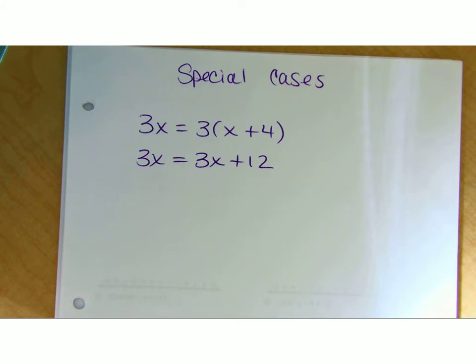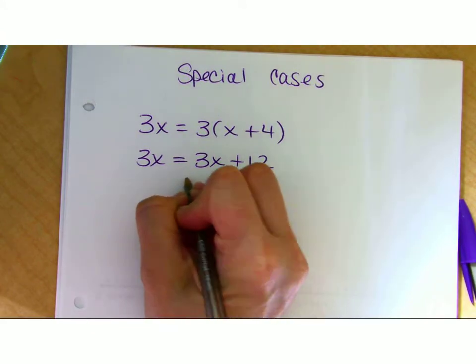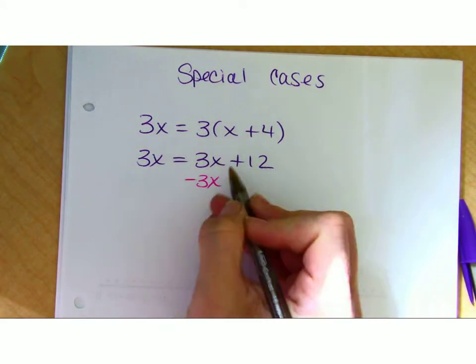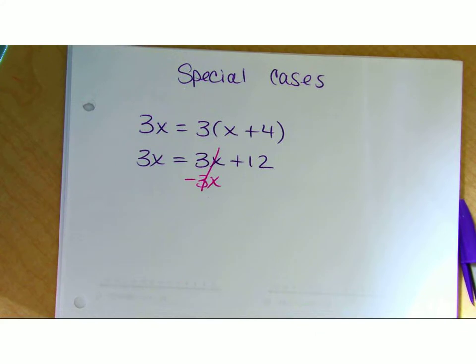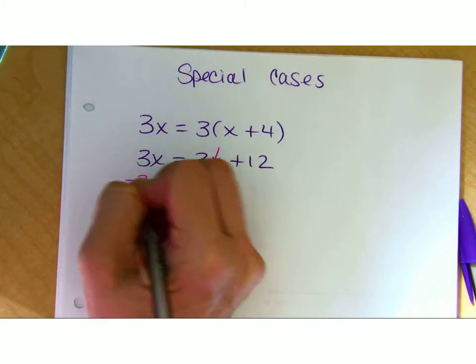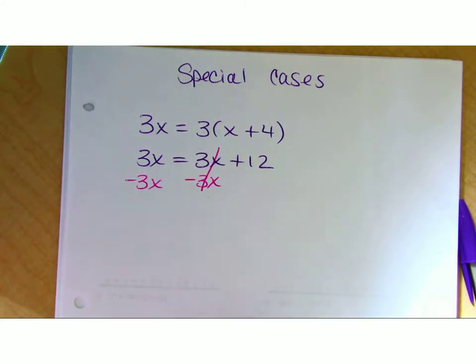Let's keep going. Alright? So when I go to get my variables all on the same side, I want them gone from here. What ends up happening? They cancel on both sides. And I don't know if we've had that happen yet before we get to algebra, but it's funny because when something weird happens, a lot of kids just kind of freak out and they're like, not possible.